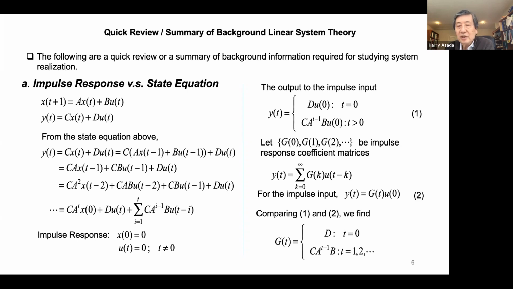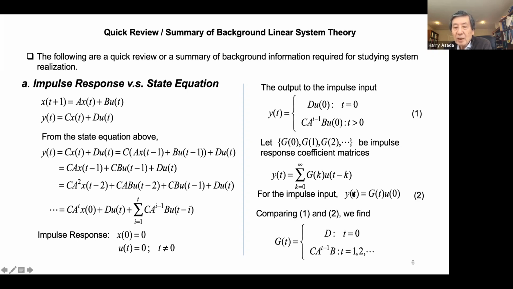That's the impulse response. Okay. So if you write the output y_t by using the impulse response, this should be written this way. This is basically a convolution expression, right? So comparing this convolution to G(k) and these results, you can find that the impulse response coefficient matrix G(k) can be written this way.